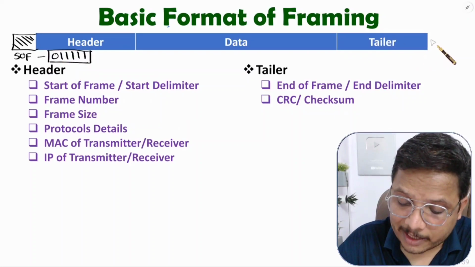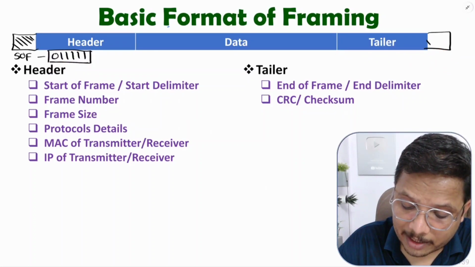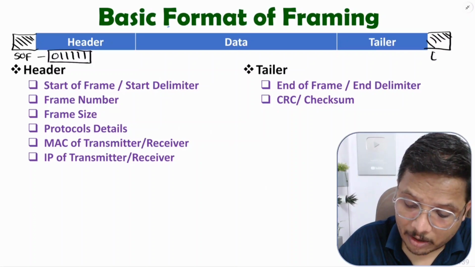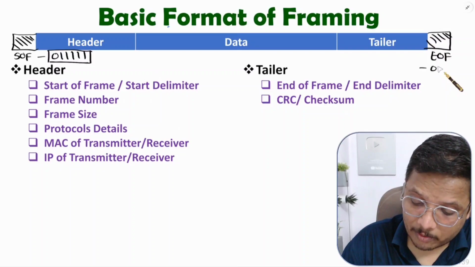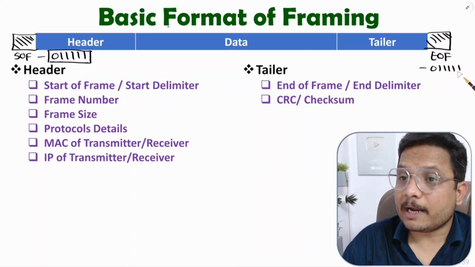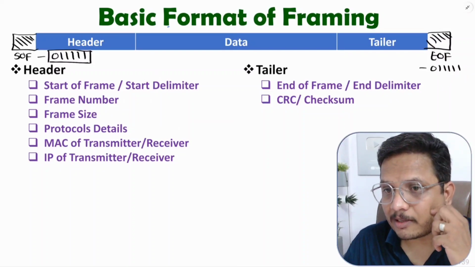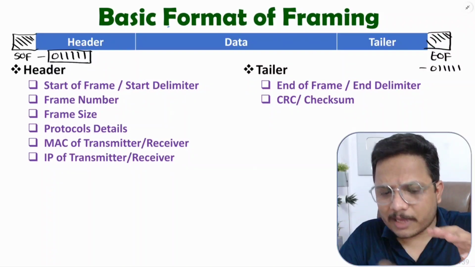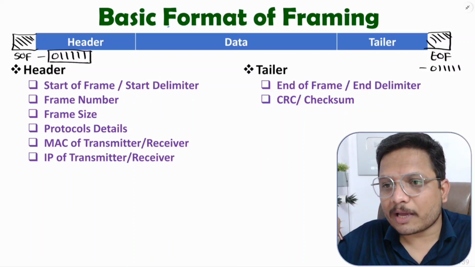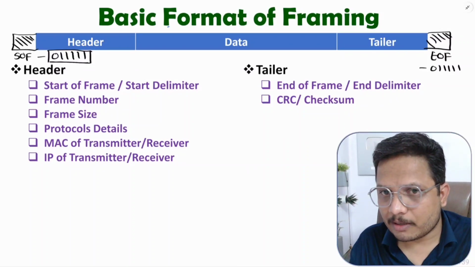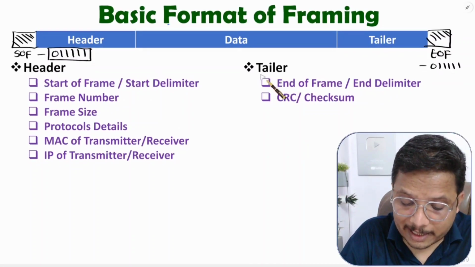Similarly, after the trailer, you can have an end delimiter, or end of frame. In that also there is a fixed pattern, like 0 1 1 1 1, that we add. So at last we say, okay, this is where we are ending our frame. So that comes under header and trailer.